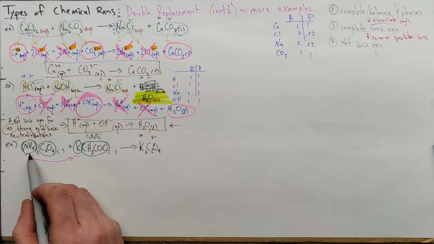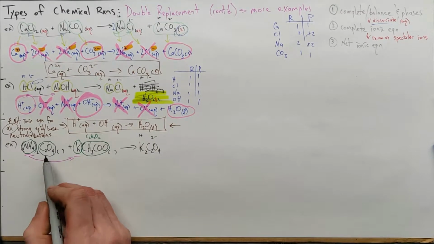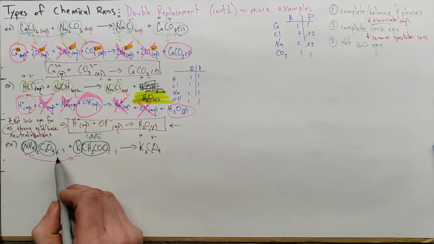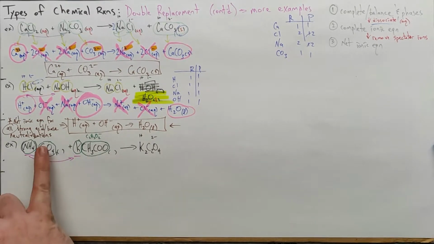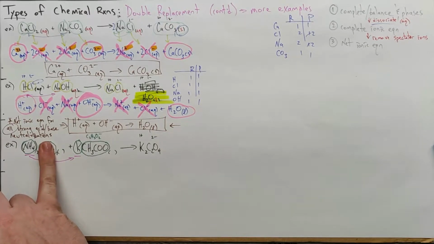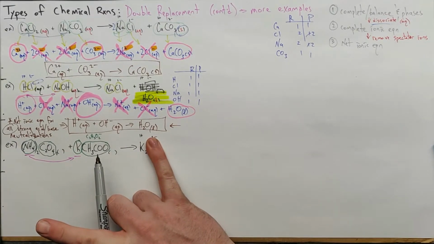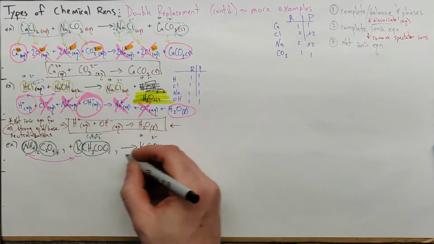Why can't I make this like NH4CO2 or something? And the answer is because this is something and I have one of it. If I had two of them or four of them, I could reduce here. But this is something. You don't even know necessarily that it's a C2O4. I have one of whatever I'm hiding there, and it's not going to reduce when you have a 1 and a 2, okay? We'll leave room for our phases right there.